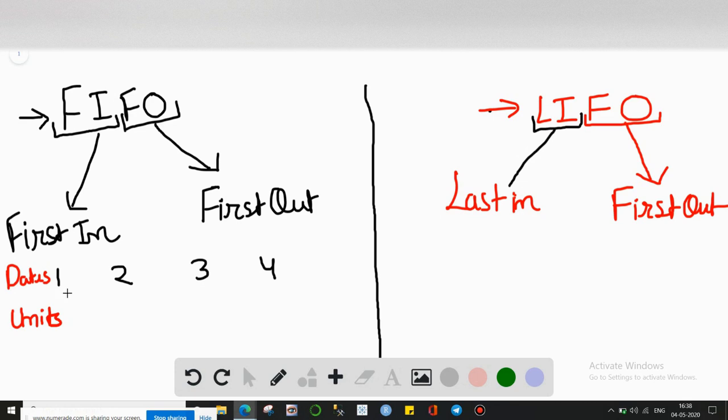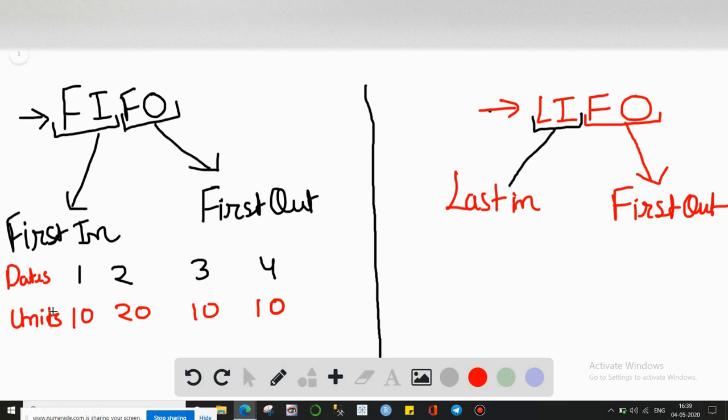So let's write it here to make it more clearer. So on date 1, as per FIFO method, we have purchased 10 units. Then on date 2, we have purchased 20 units, then 10 units, then 10 units.